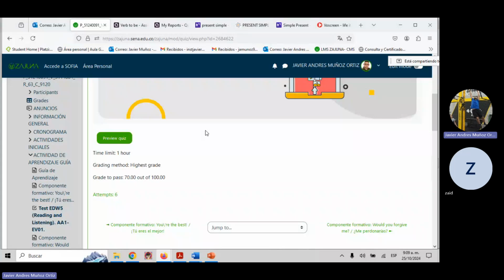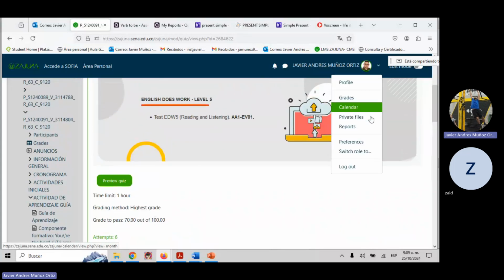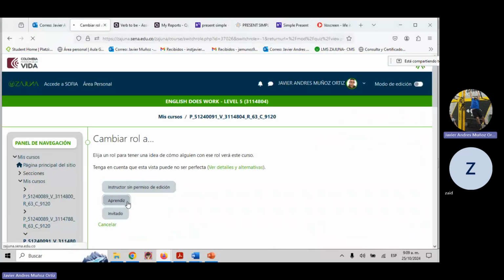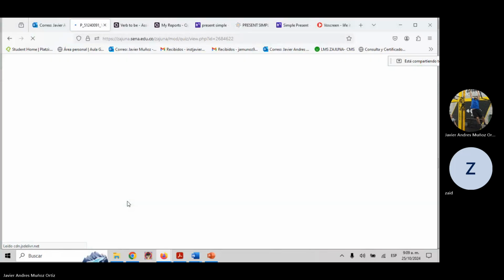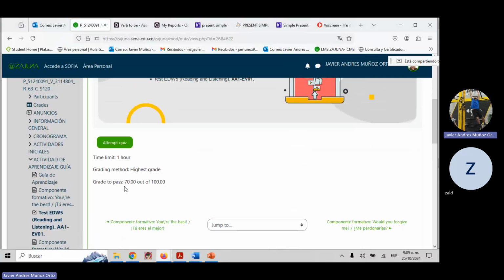Oh, and let's remember too that in the link called grades, I'm going to switch my role for a moment so you can see the same structure in your account.